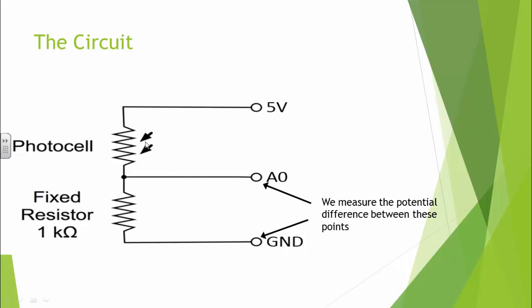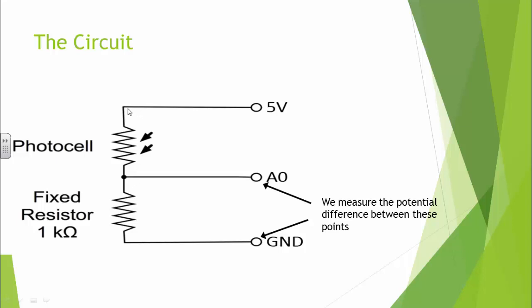If the resistance is very high, then we start to look at that voltage drop equation. But if you don't remember it, we can do it as a simple thought exercise. And we can say, okay, if the resistance here is very high, essentially most of the current is going to get pulled away by this fixed resistor here.